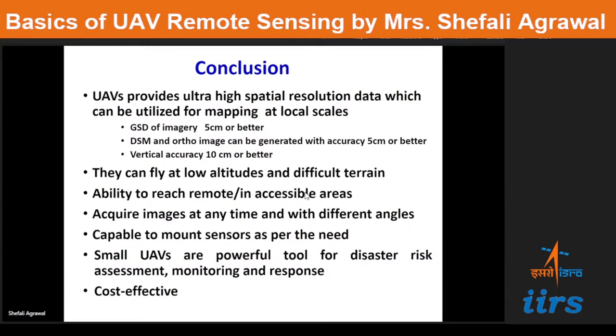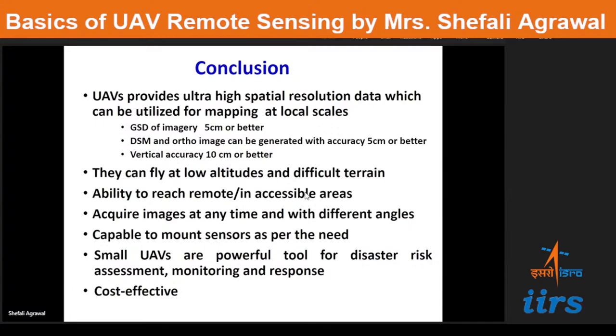They can fly at any altitude and in difficult terrain. They can reach remote and inaccessible areas. They can acquire images at any time and from different angles. They can mount sensors as per the need. Small UAVs are a powerful tool for disaster risk assessment, monitoring, response, agriculture, and urban infrastructure mapping, and they are cost effective.